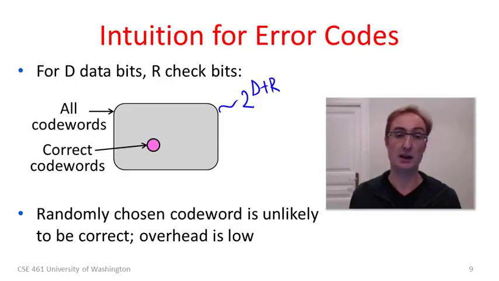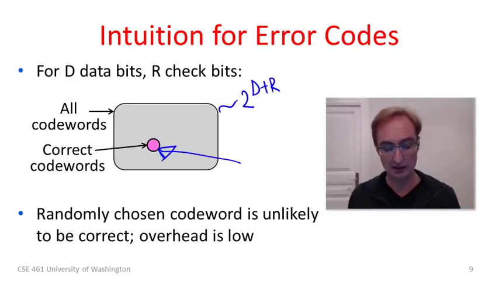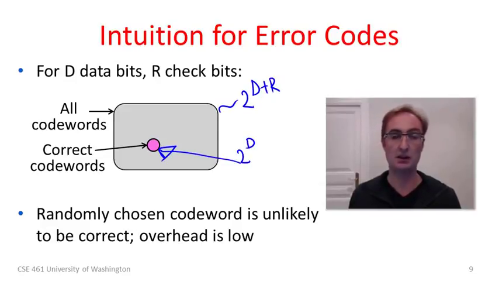But actually the really correct code words that get sent, how many of them are there? Well, we know that they're D plus R bits long, but there are only actually 2 to the D different ones because the R bits are computed as a function of the data. So there are only 2 to the D possibilities.